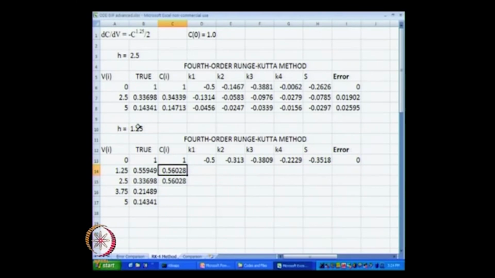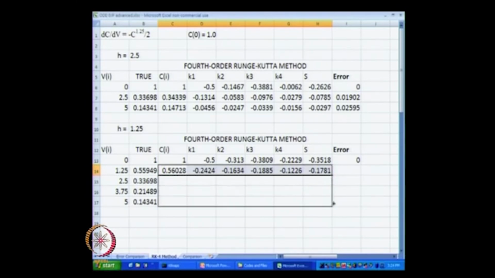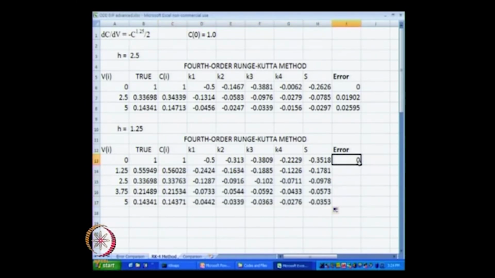Now we are all set, all we need to do is take this value and drag it below. Then we take all these values and drag them, and this is going to be the error. So now we have computed C at V equal to 2.5 and V equal to 5 using steps of H equal to 2.5 and H equal to 1.25.